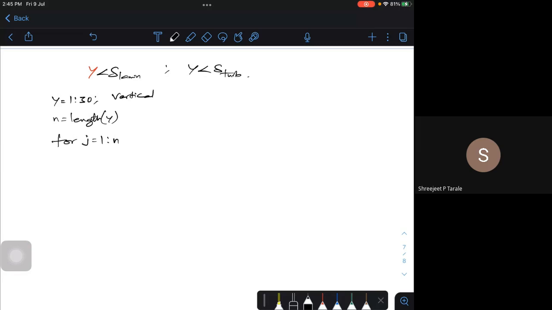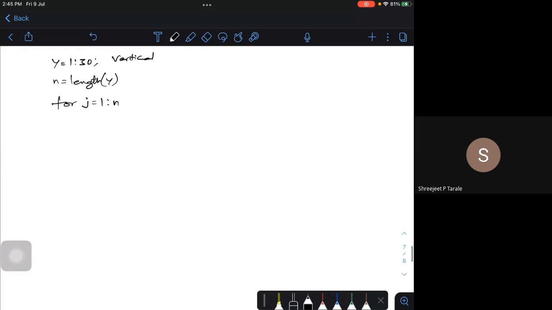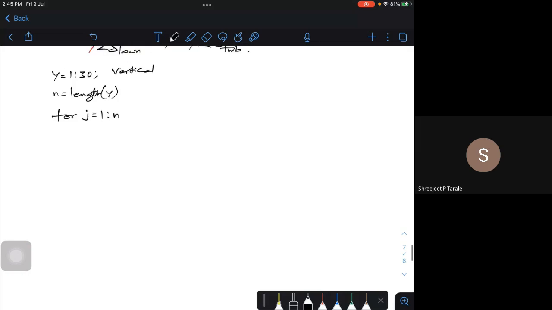So I need to go with respect to, see, this formula is given by u laminar.